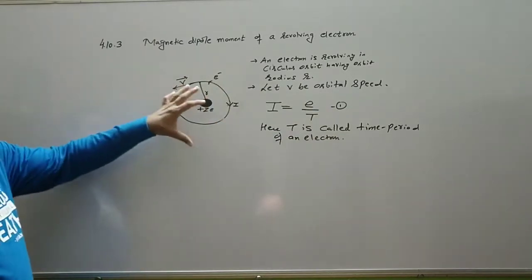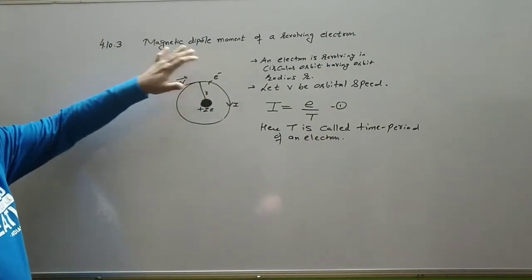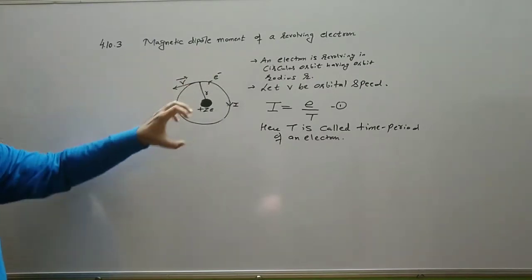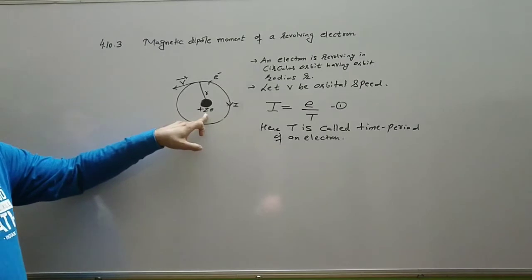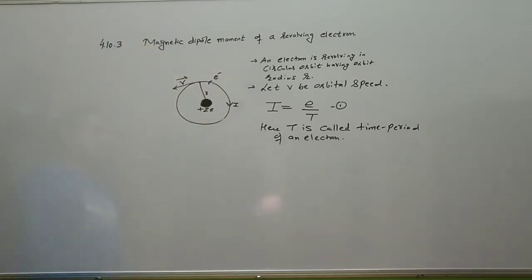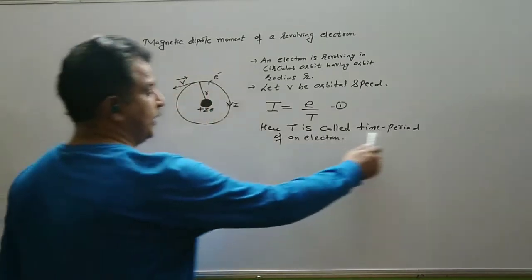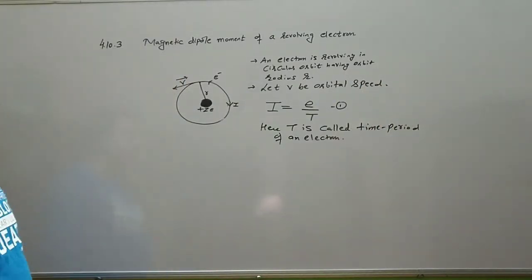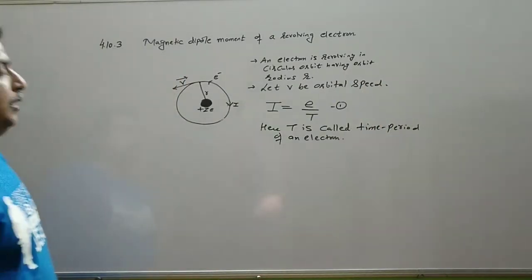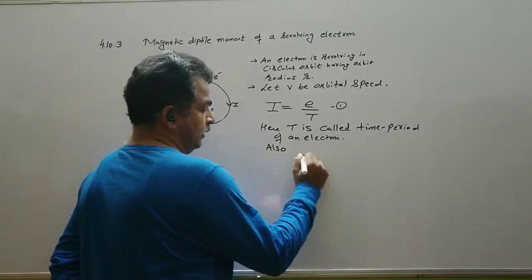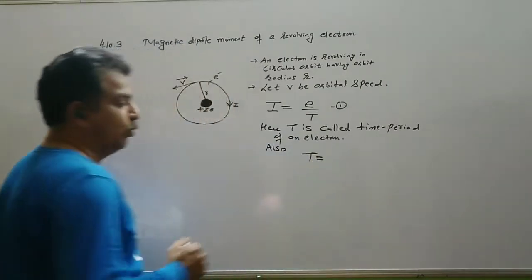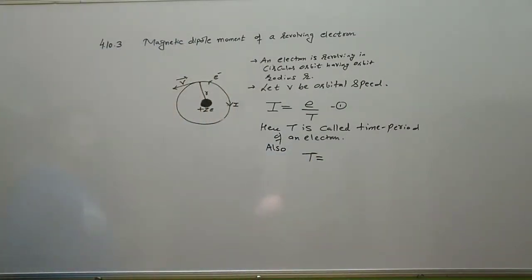So we are discussing this magnetic dipole moment at an atomic level. We have taken an atom where the nucleus is positively charged and an electron is revolving around it. Now where T is the periodic time or time period of an electron, that is the time taken by the electron to complete one revolution. Also, time period is equal to the displacement upon the speed or displacement upon the velocity.